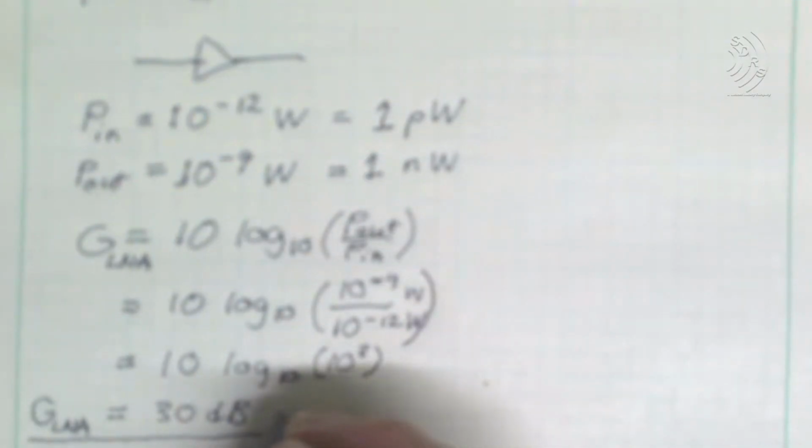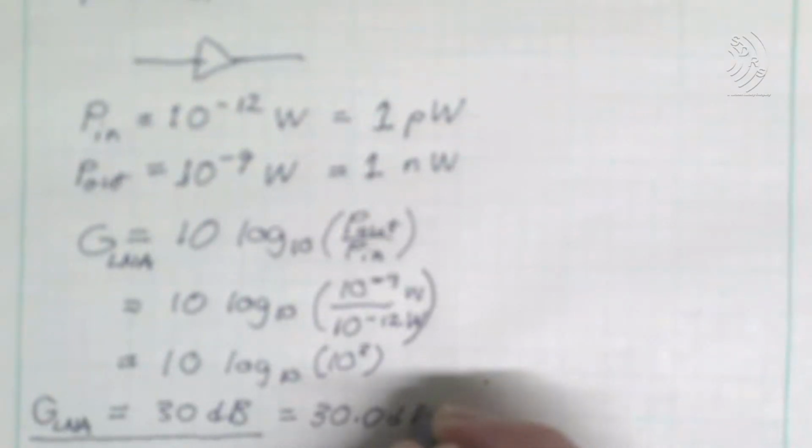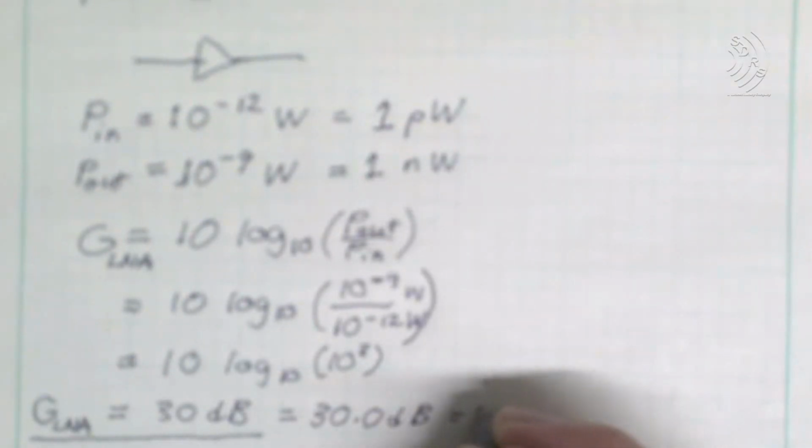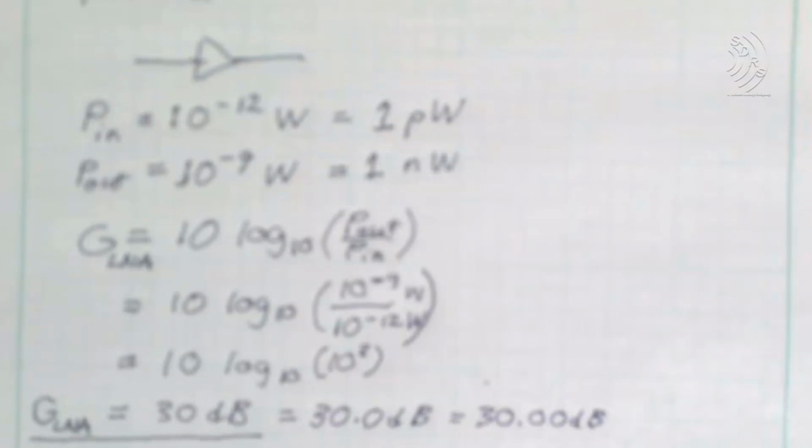We might also write this as 30.0 dB or 30.00 dB, depending on the number of decimal places that we're using in our calculation.